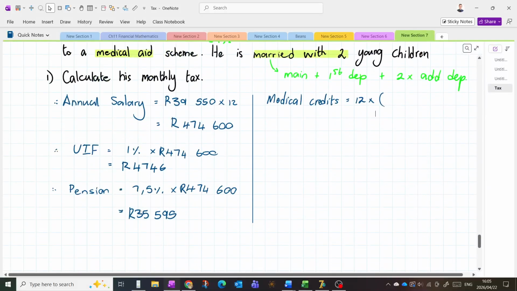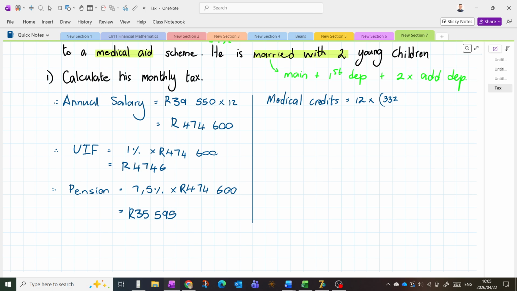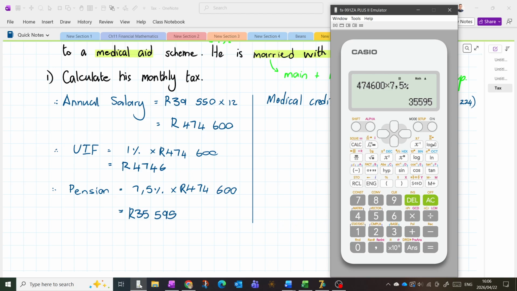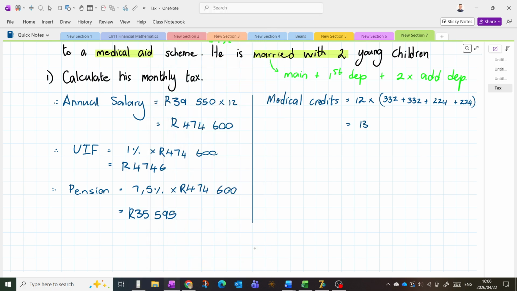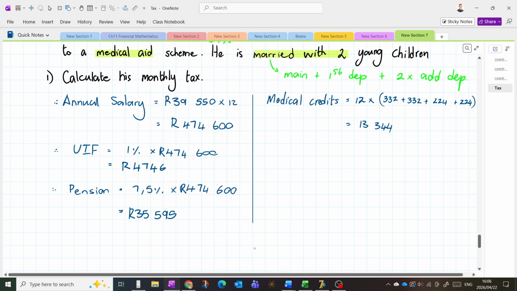So there's going to be a 332 for him, 332 for his wife, 224 for his one child, 224 for the next child. This will give me my total medical aid credits. 332 plus 332 plus 224 plus 224 is 13,344 Rand. Okay. So there we've got his medical aid credits as well.